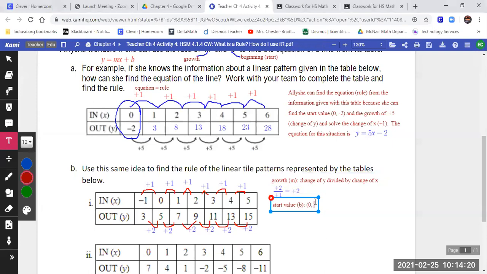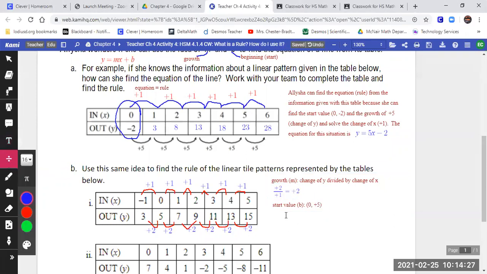So now we have everything we need to build our equation, right? We know our growth, which goes with the x. We know our start, which goes at the back. So y equals 2x plus 5, because our beginning was right here.